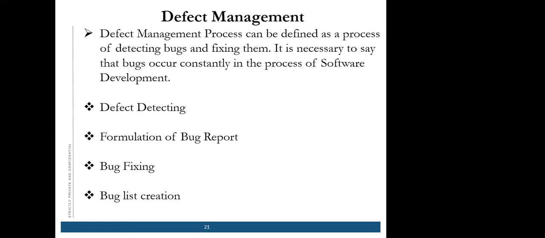Regardless of the type of testing, any type of testing you can do, the main goal of testing is to find the defects. Whatever testing process you choose, the objective of a tester should be to detect the bugs.